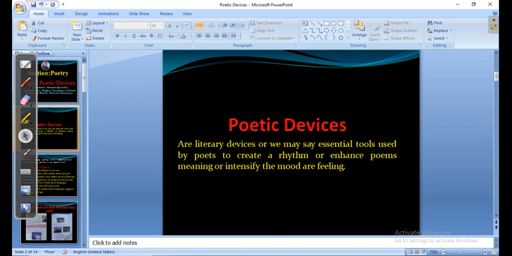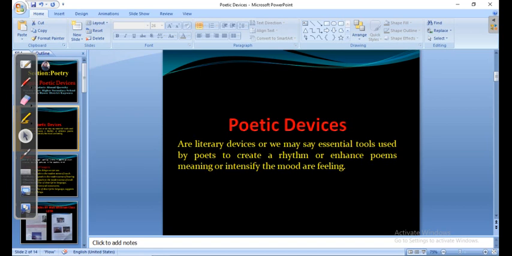There are many types of poetic devices. Today we will cover some of them so that you can easily tell others what the poetic devices are and what the poet actually wants to convey.